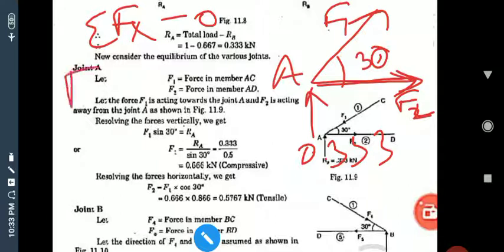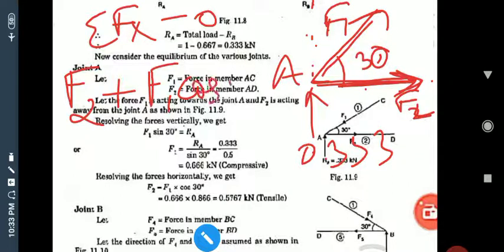So here we will write F2 plus the component of F1 acting in the x direction. This force has two components, one in the y direction and another in the x direction. So we will take the x component of F1. What is the x component? The x component is F1 cos 30 degrees. No other force is acting. So we have the equation F2 plus F1 cos 30 degrees equal to 0.